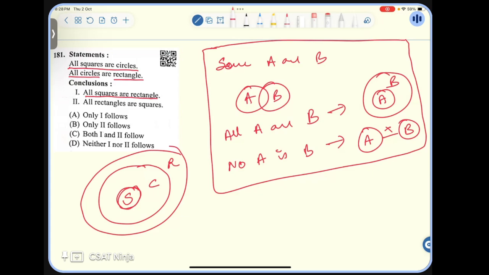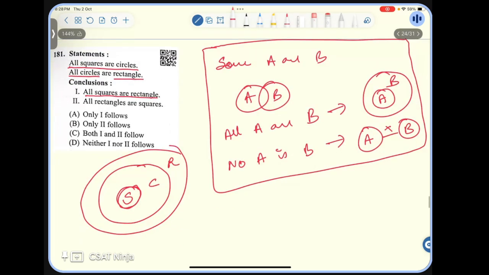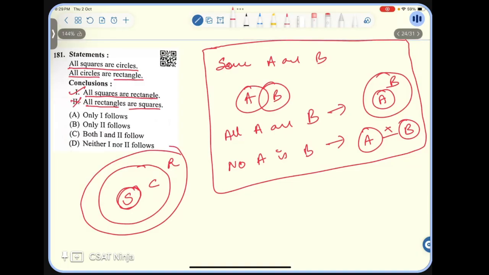Can I say that all the squares are under the rectangle? We can say that, right? So this will follow. All squares are rectangles simply means all the squares are inside the rectangle. All rectangles are squares means all the rectangle cannot be inside the square, right? So only one follows. This one is not following. So option number one follows.